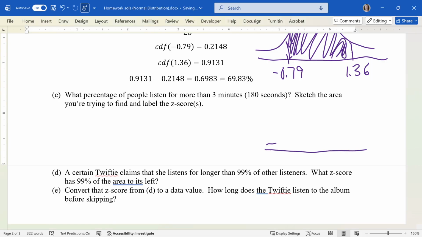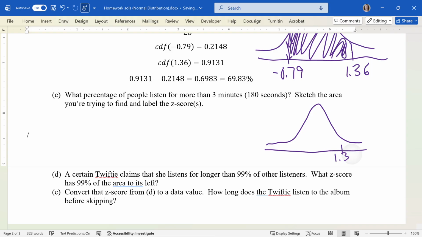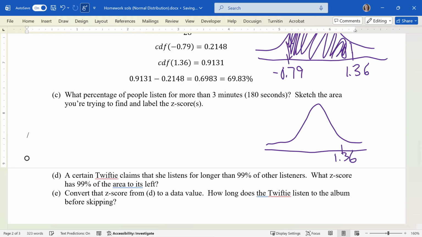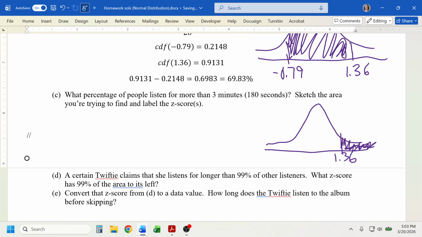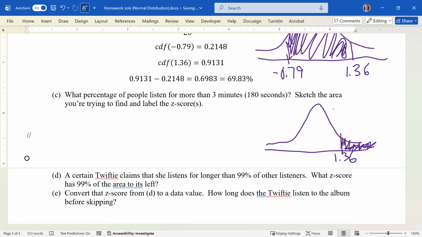So I'm looking for more than 3 minutes, and I know the z-score for 3 minutes was 1.36. Okay, and so anybody that listens longer than that would have a larger z-score. So they'll be up here. So I want to know what percentage of people have the z-scores in that region right there, and that is given by the area under this curve.